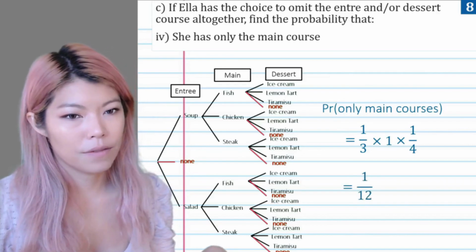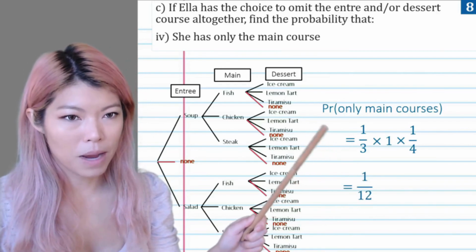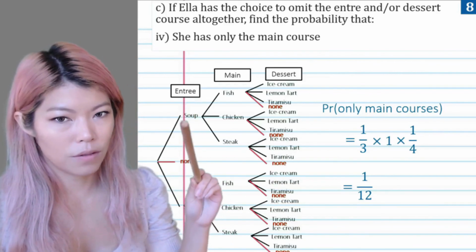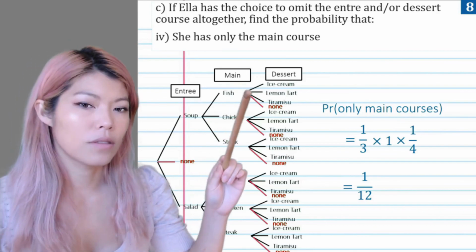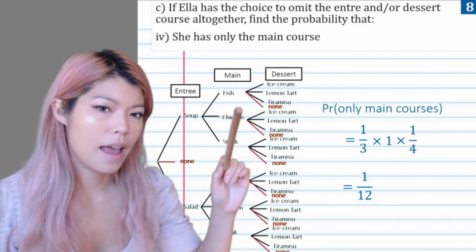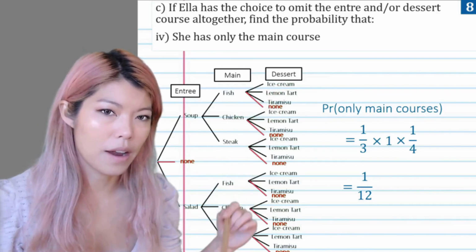So we have 1 over 12. So to recap: only main course means no entree, which is 1 over 3, times main, 3 out of 3, or 1, times no dessert, which is 1 out of 4.